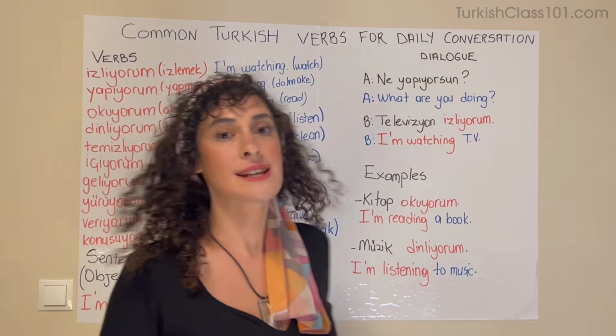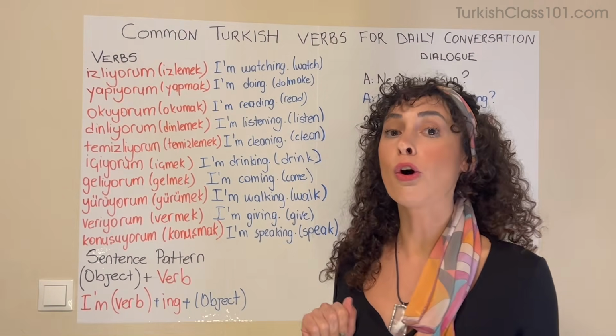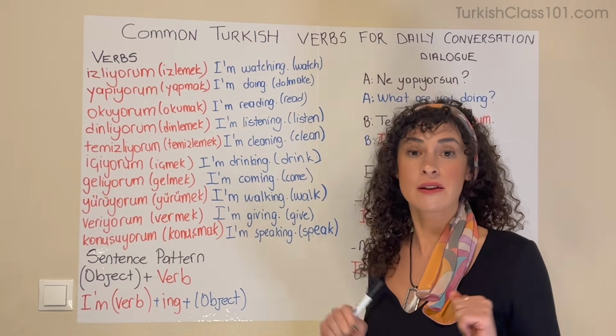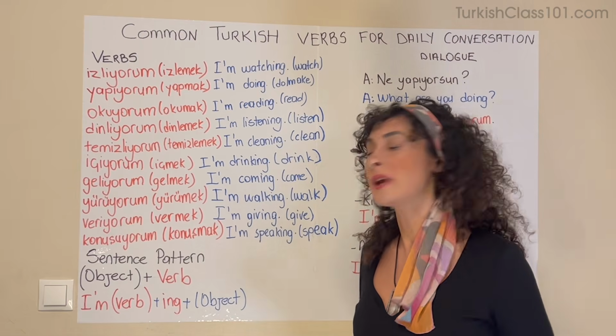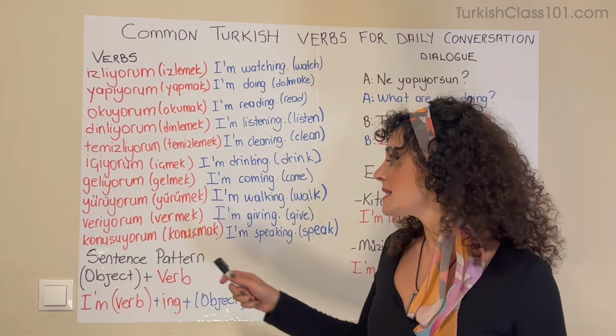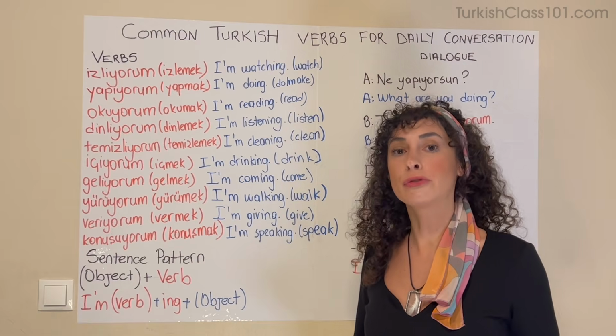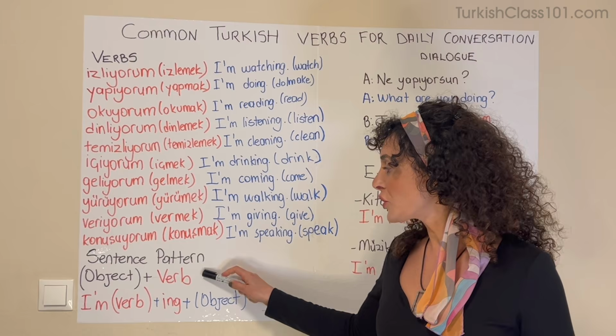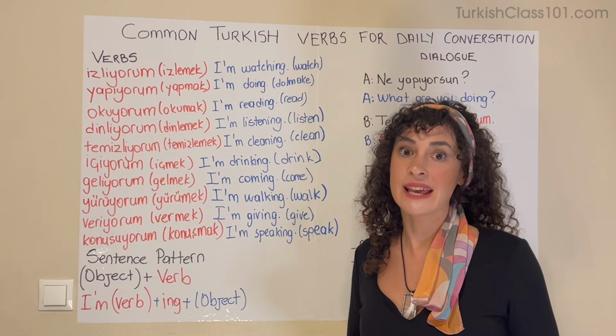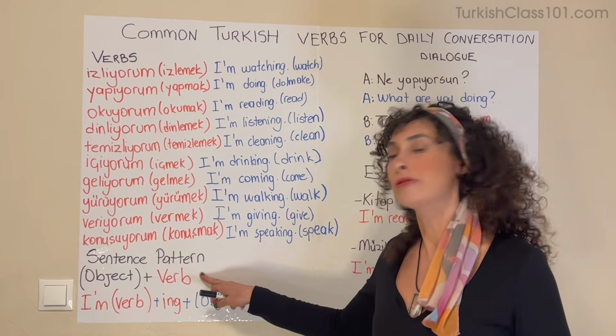Okay, you saw the examples, and let's go over the sentence pattern one more time. As you can see, first we have the object, then we have the verb. Okay, and in Turkish, everything is in the verb.